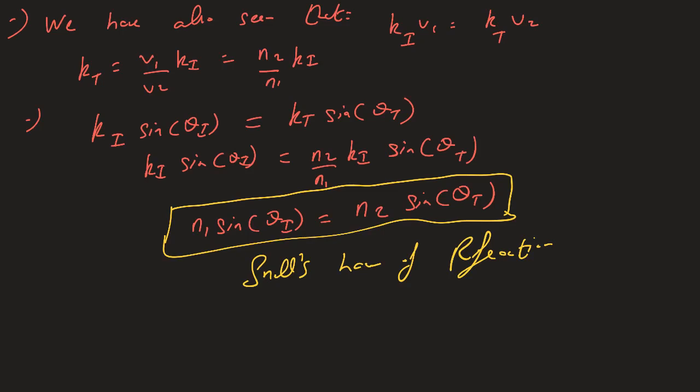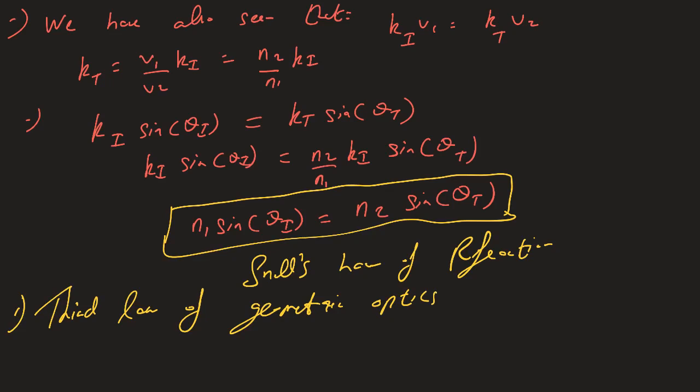So this of course is the third law of geometric optics, which is that sine of theta t is equal to N1 over N2 sine of the angle of incidence.